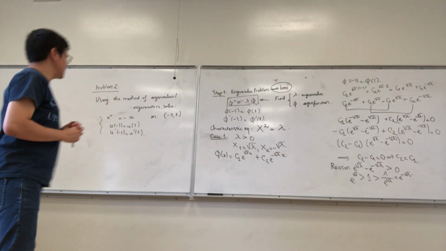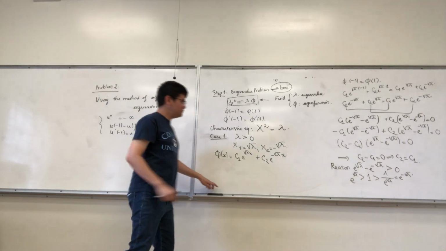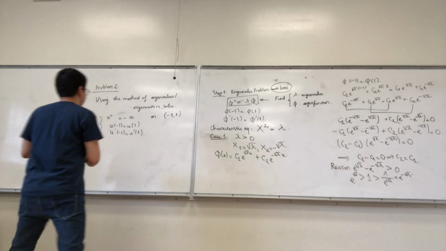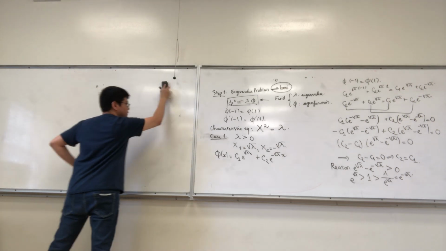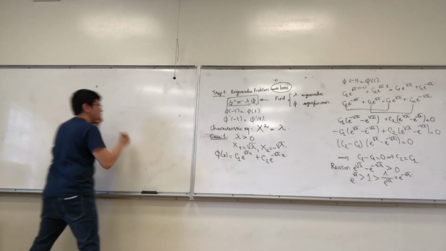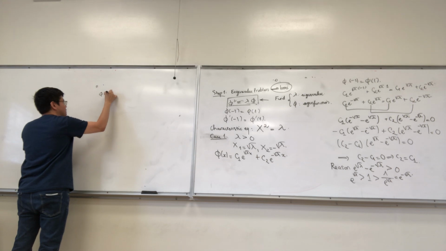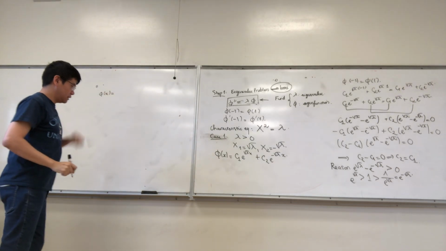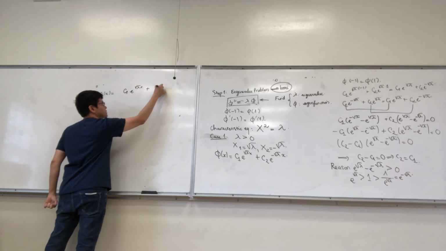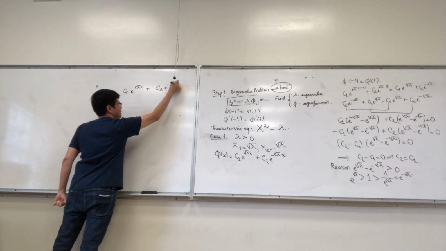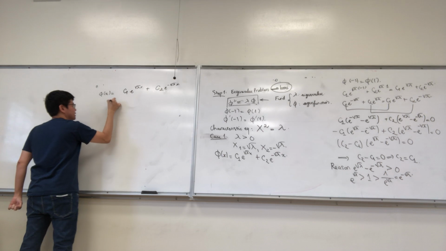So now we have C1 is equal to C2. I'm going to plug everything back into the equation, to the solution. So you're going to have phi of x equal to C1 e to the square root of lambda x plus C2 e to the square root of minus lambda x, but C1 is equal to C2.